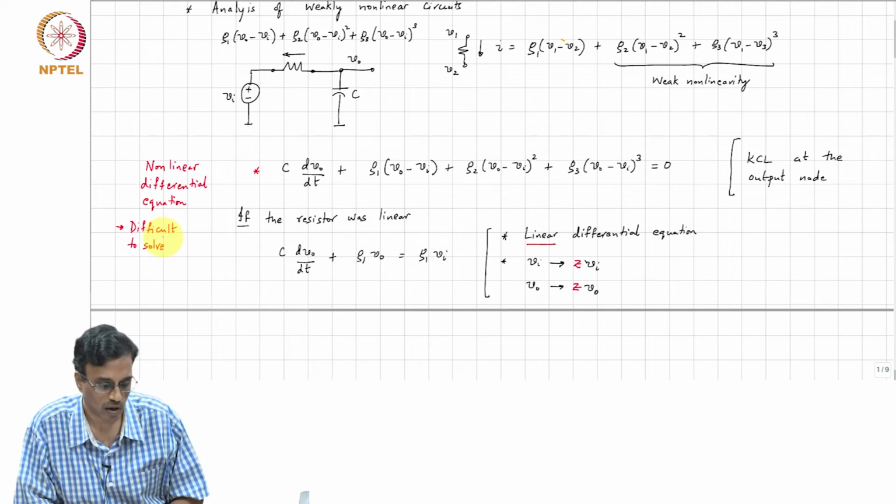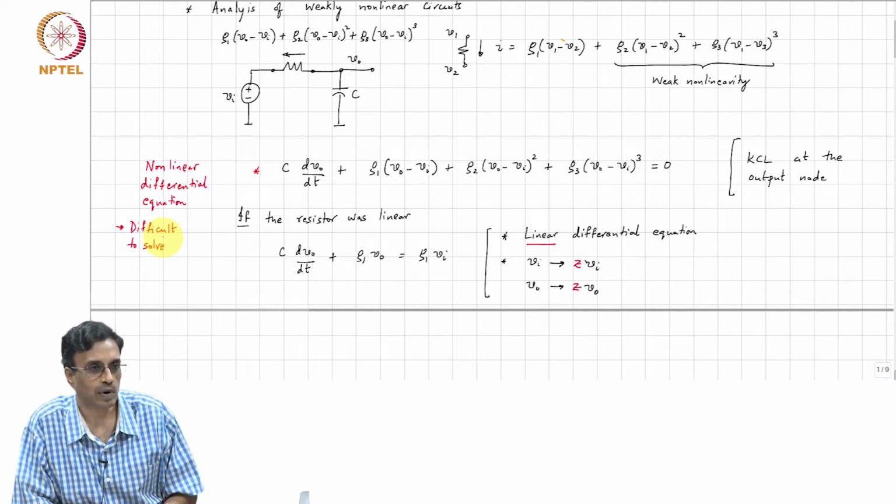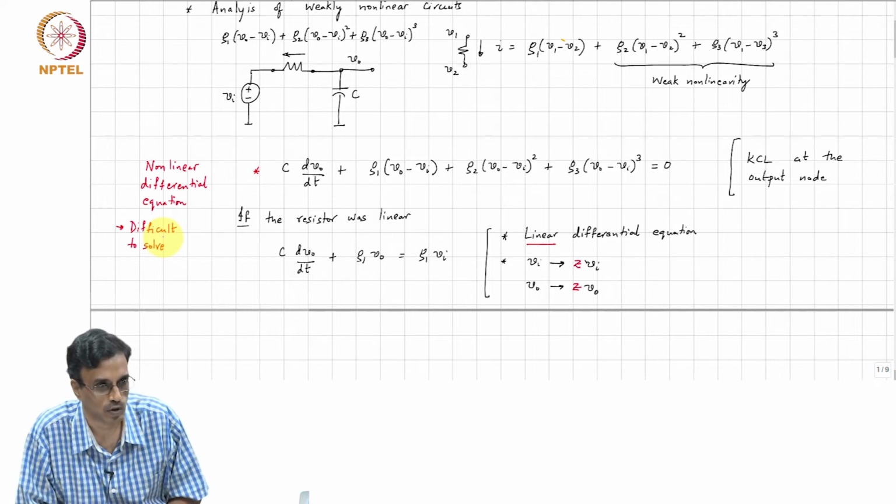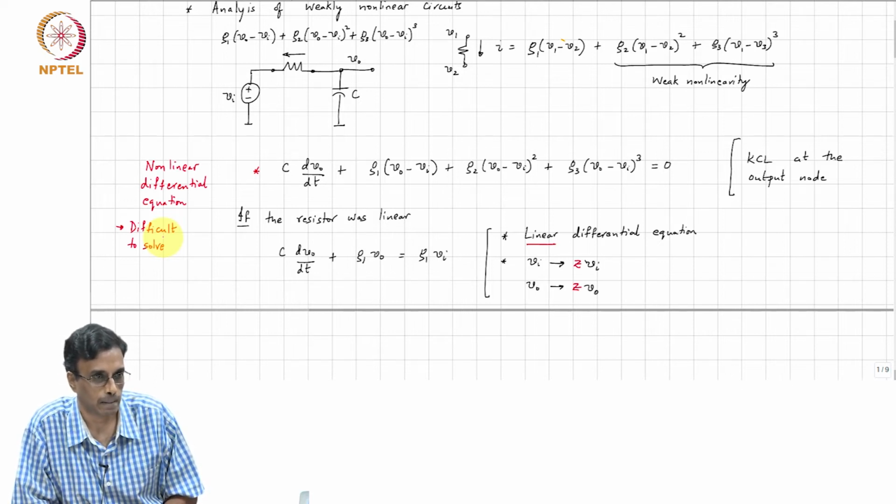And so, therefore, in general you will have coupled nonlinear differential equations, which might be virtually impossible to solve analytically, right.